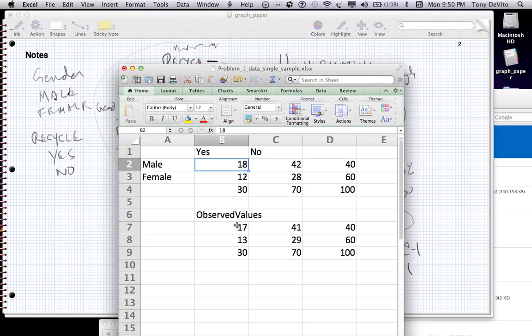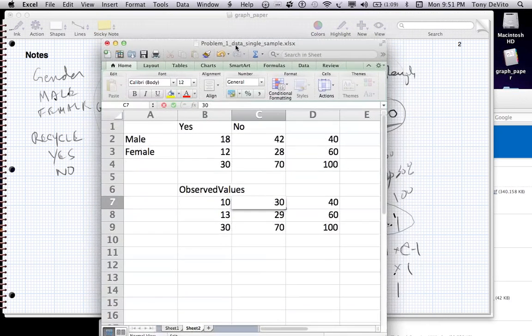Okay, but I should get something pretty close to that. Now, if the values are much different, for instance, if I actually do this survey and I find that only 10 males out of 40 recycle, meaning 30 don't recycle, I'm using somewhat different numbers there, aren't I?